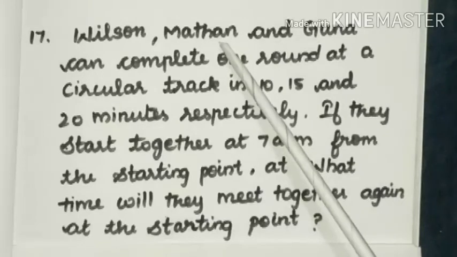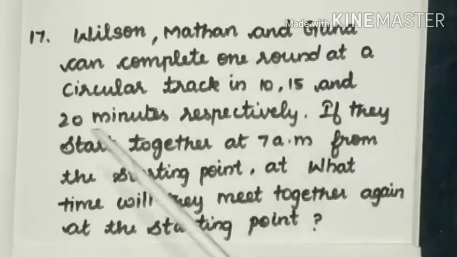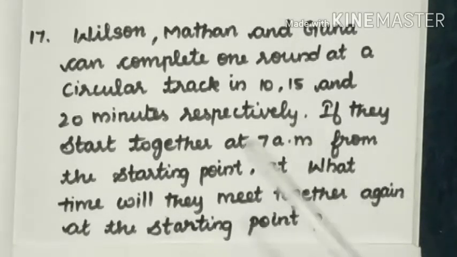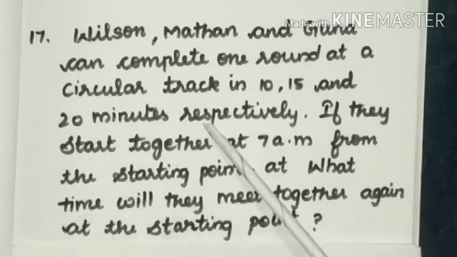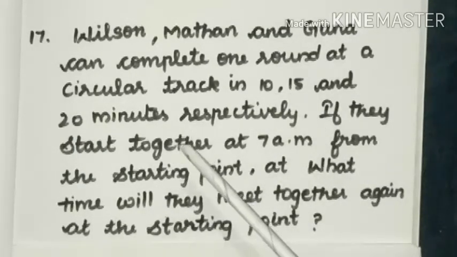Madan can complete one round in 15 minutes. Guna can complete one round in 20 minutes. They are starting together at 7 am. We have to find when they meet together again at the starting point. So it is clear that they start together and also meet together only. So we have to find the LCM of 10, 15 and 20.